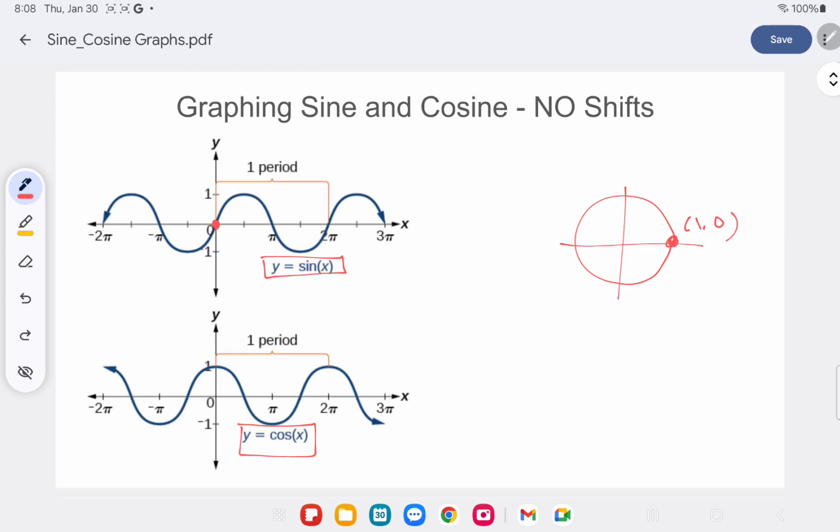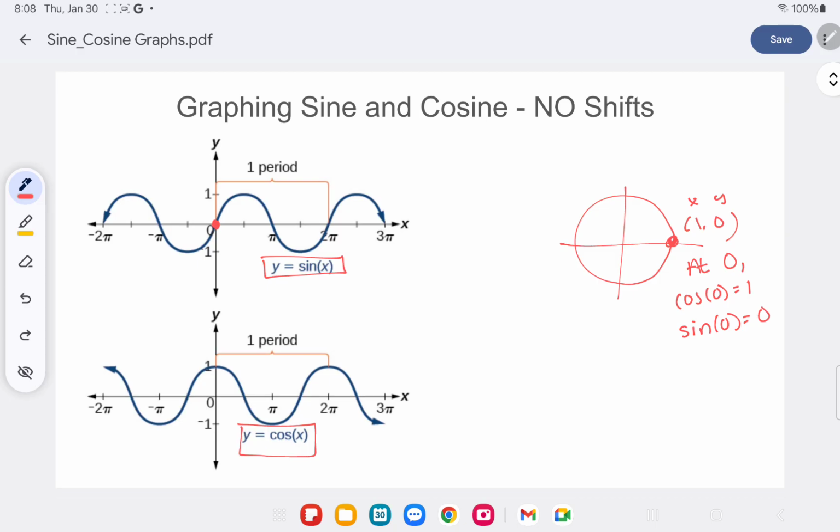But on the unit circle, at 0, the x value, which is our cosine values, is 1. So at 0, cosine of 0 is 1 because that's the x value at 0. And sine of 0 is 0 because that's the y value at 0.